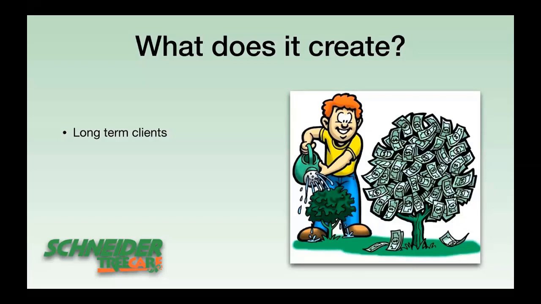Well, as it goes along, they notice that you respond consistently every time to their issues. And so now they use you for their removals, and they also use you for their pruning, and now they use you for their plant health care because they can't get the other company to respond. So you end up deepening the relationship. You can add more services. You're able to create that client that's going to stick around for 5, 10, 15, 20 years instead of just a one and done tree removal.